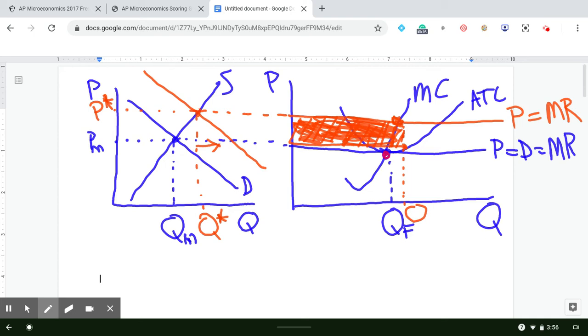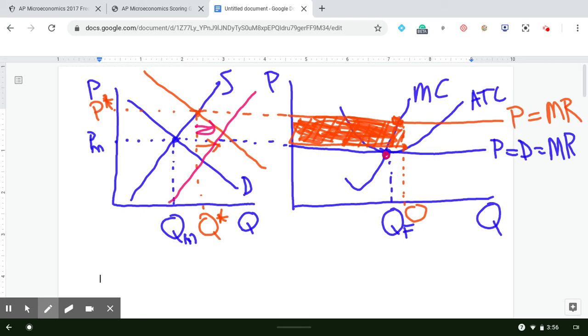So he's earning economic profit. Okay, we can see that. There's free entry and exit for a perfectly competitive firm. So that means more firms are going to enter the market. And as more firms enter the market, the supply for corn is going to increase.